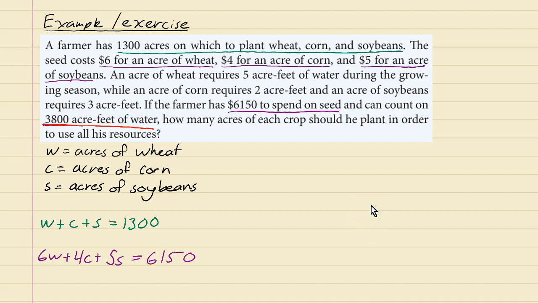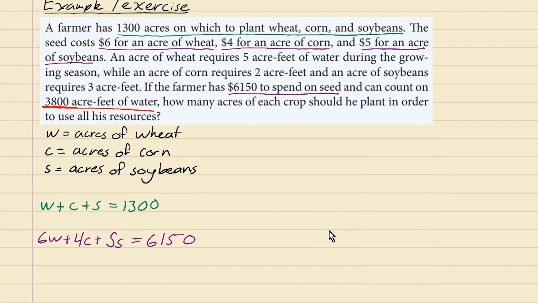So it's given that an acre of wheat requires 5 acre-feet of water, so that means you can multiply 5 times the number of acres of wheat to see the total volume of water. So that's going to be 5 acre-feet of water per each acre of wheat.